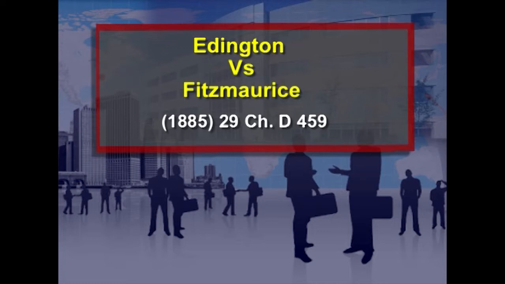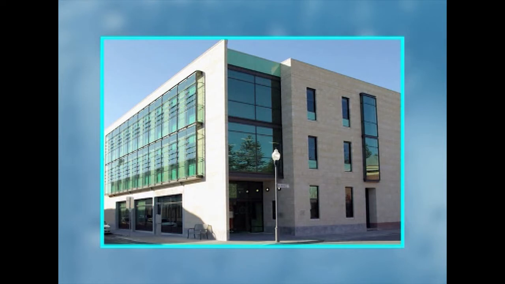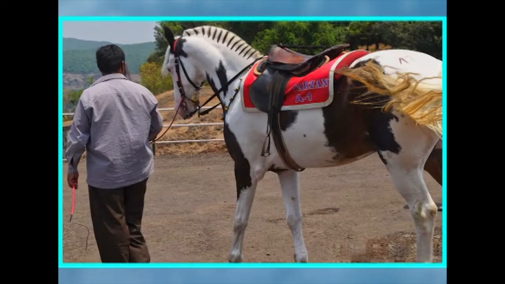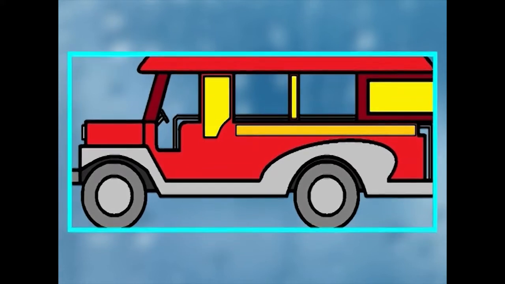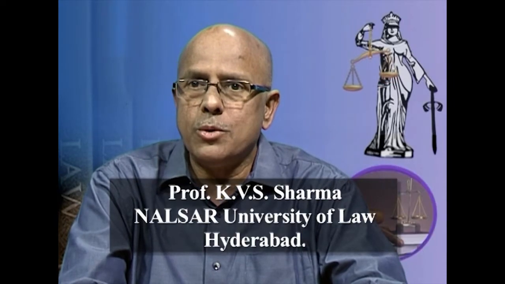Fitzmaurice, 1885, 29 Chancery Division 459, the directors of a company issued a prospectus inviting subscriptions for debentures, stating that the objects of the issue of debentures were to complete alterations in the buildings of the company, to purchase horses and vans, and to develop the trade of the company. In fact, the real object of the company was to repay pressing loans.